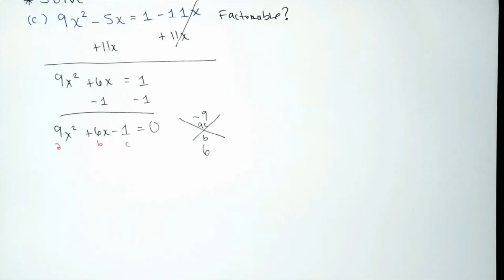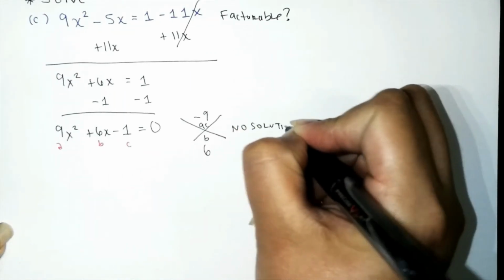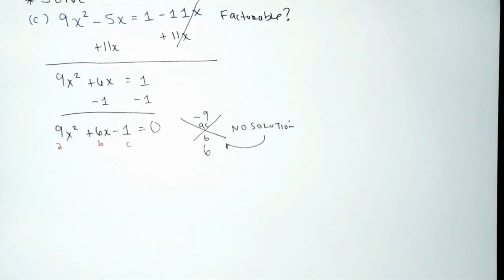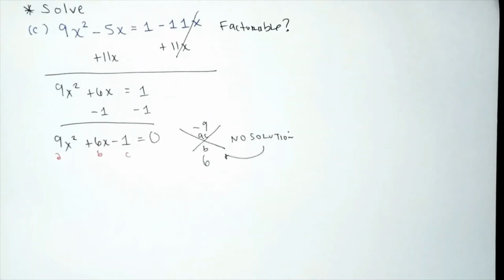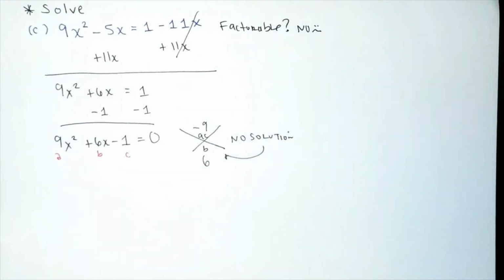We don't have integer factors that multiply to -9 and at the same time add up to 6. So gentle reminder, if the x game has no solution, then that means that the trinomial is not factorable. If I ask myself a question on paper, I don't want to leave myself hanging, so I'm going to answer: no, it's not. Okay, that makes me sad.